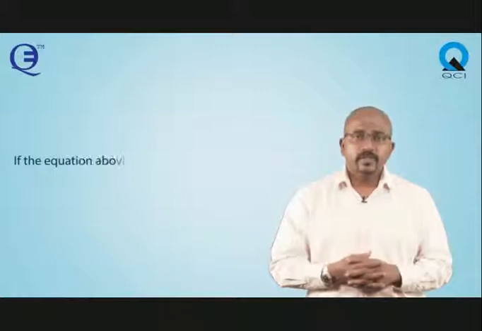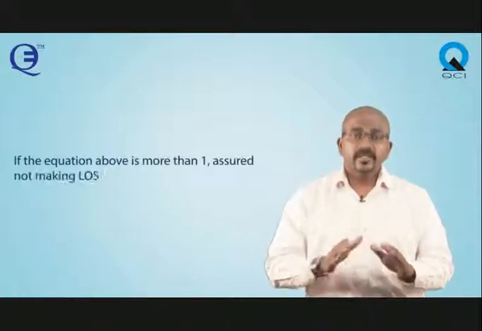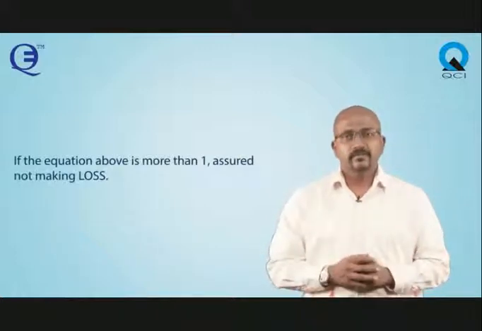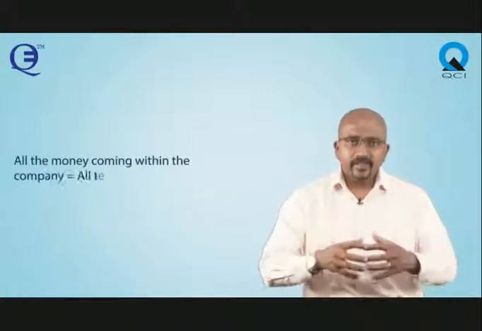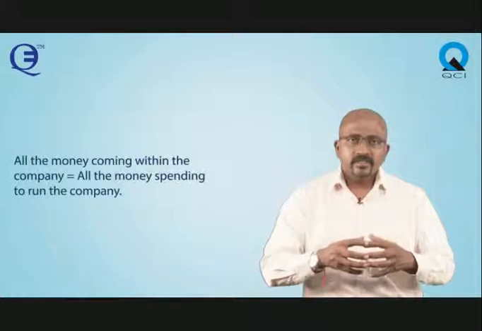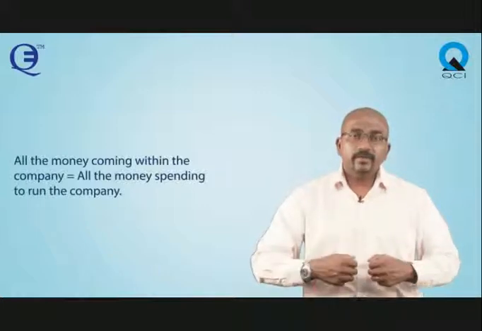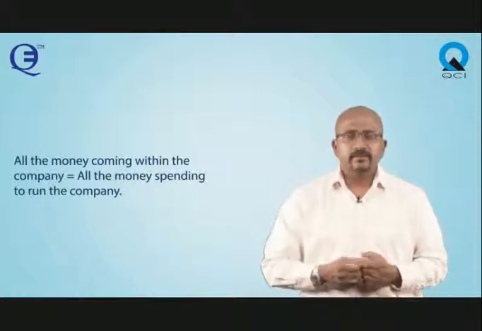If this equation is more than 1, at least you can rest assured that you're not going to make a loss. All the money that is coming into the company is equal to all the money that I'm spending to run this company.